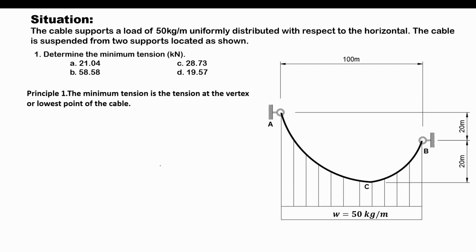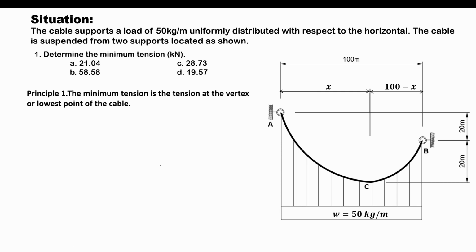Our first objective here is to locate the vertex relative to the support. So let's designate the distance of the vertex from the support A as x, and the other distance will follow as 100 minus x.